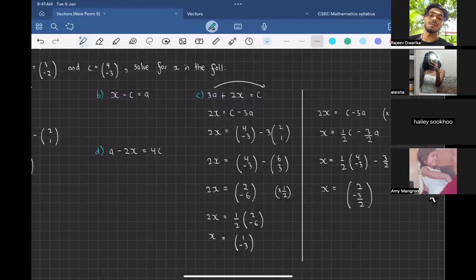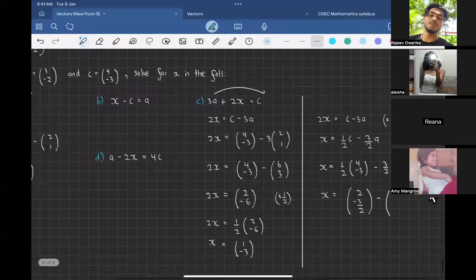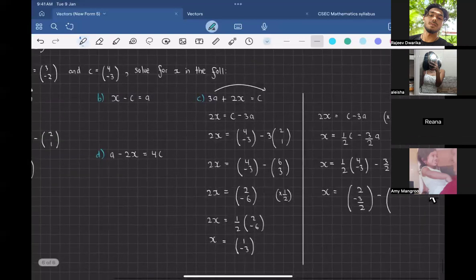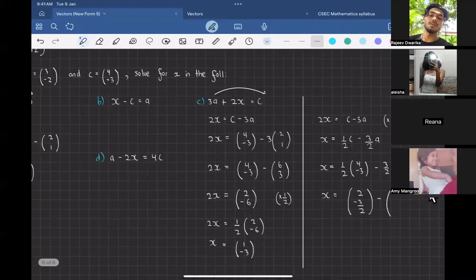And then what is 3 over 2 by 2? The 2 and 2 cancel, so it's 3. And what is 3 over 2 by 1? 3 over 2. So then we say x is equal to 2 minus 3, which is 1.